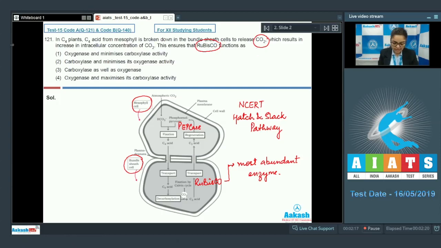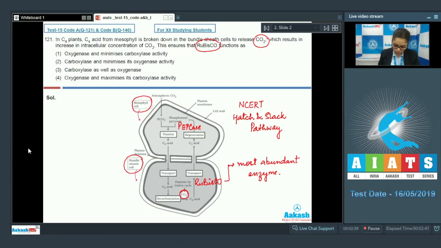That results in increase in concentration of carbon dioxide in the bundle sheath cells. So more concentration of carbon dioxide makes this Rubisco enzyme function as carboxylase. So it will function as carboxylase and minimizes its oxygenase activity.